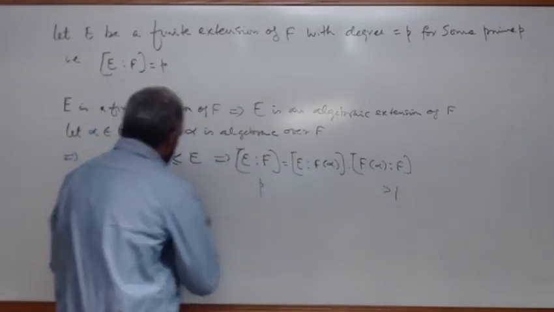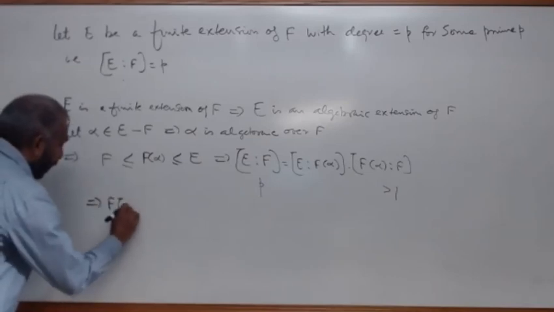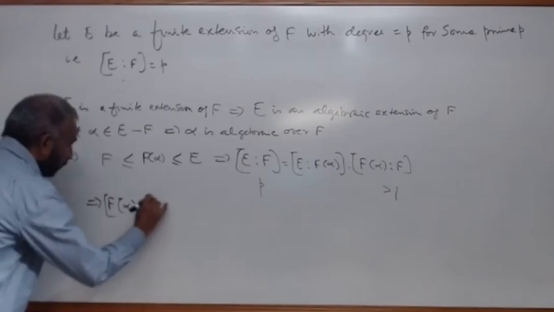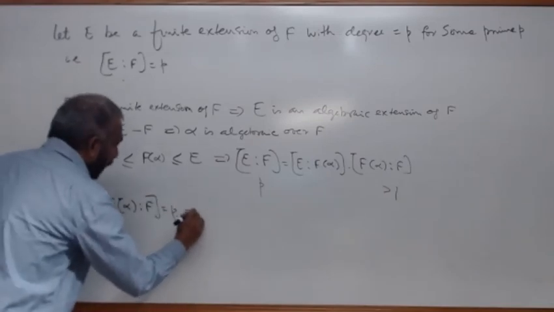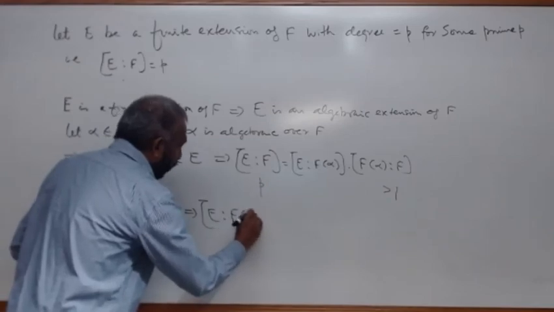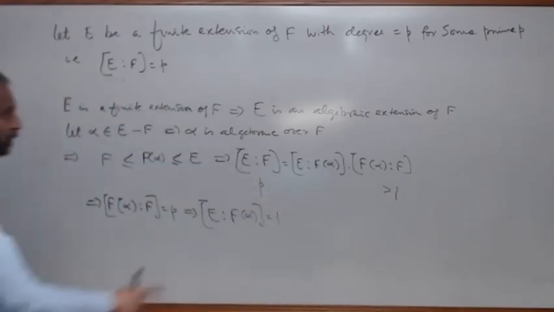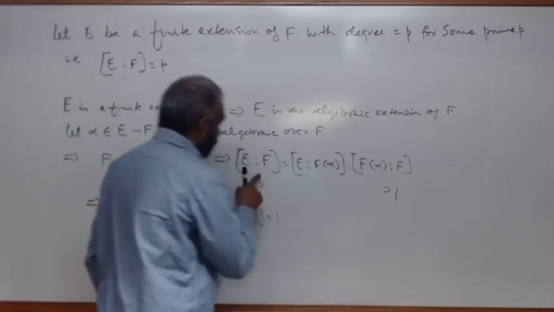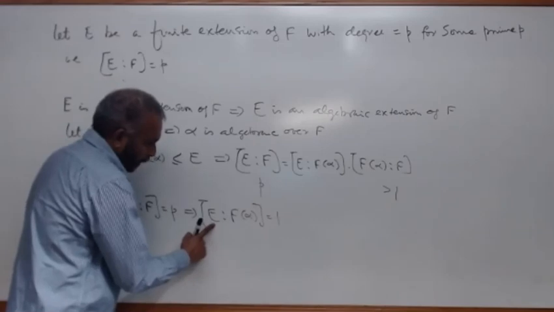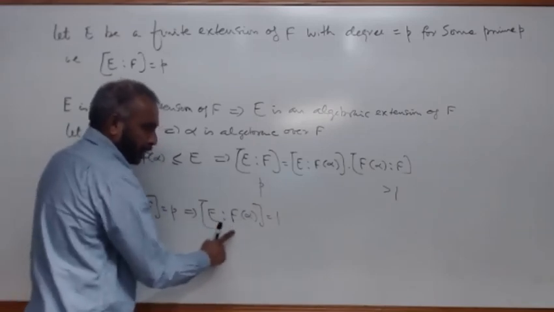So that means [F(alpha):F] is equal to p, which implies [E:F(alpha)] is equal to 1. So this is 1, this is p, and this is p. When you have a degree of two fields equal to 1, they are actually the same.